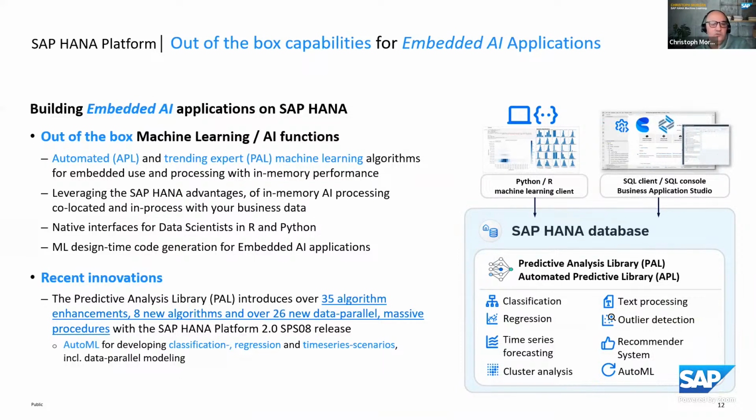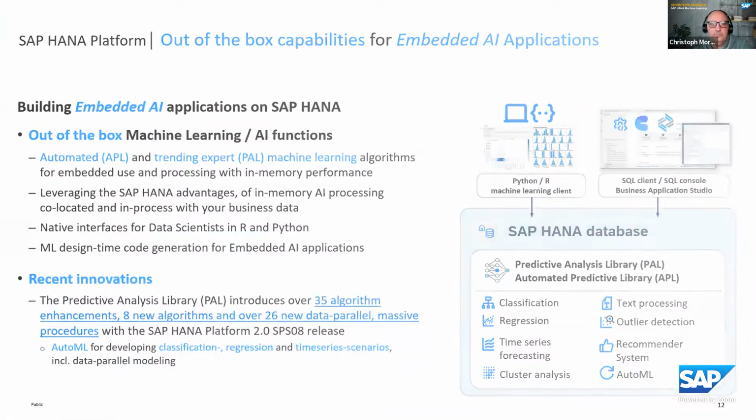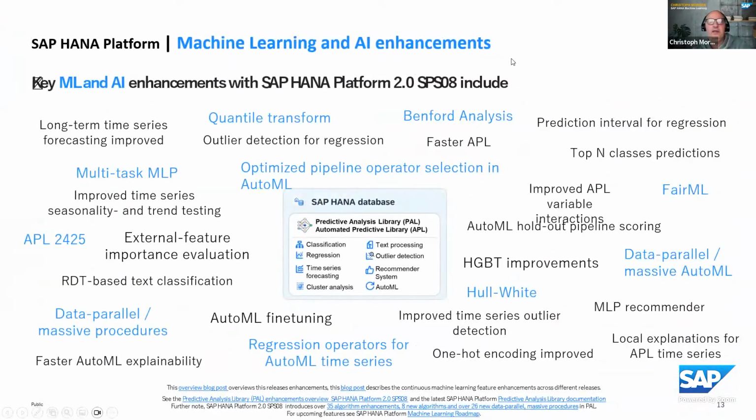AutoML was introduced before, in HANA 2 SPS 7, but as we'll see, there are many enhancements in this area as well. To overview the enhancements, just to show the richness in different directions, as you can see, there are new functions like in pre-processing, quantile transformation, a multi-layer perceptron, a new algorithm.